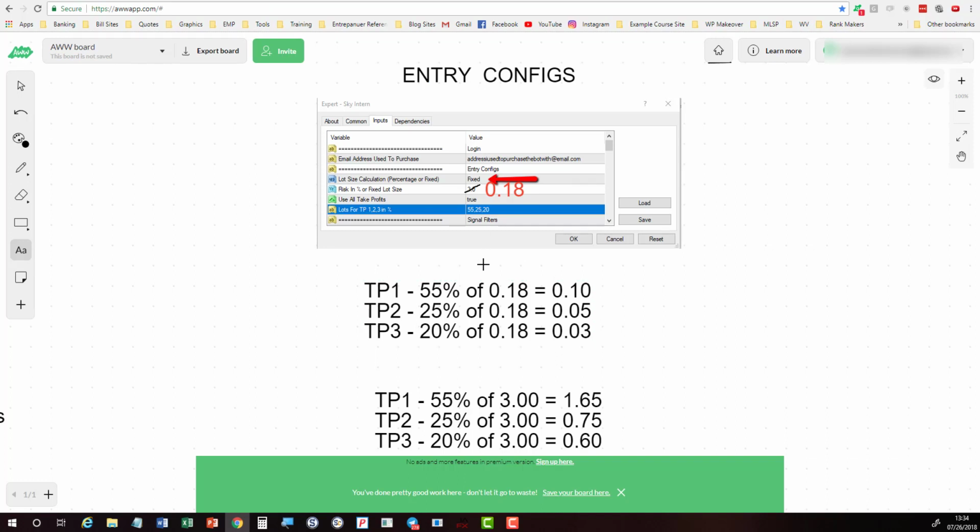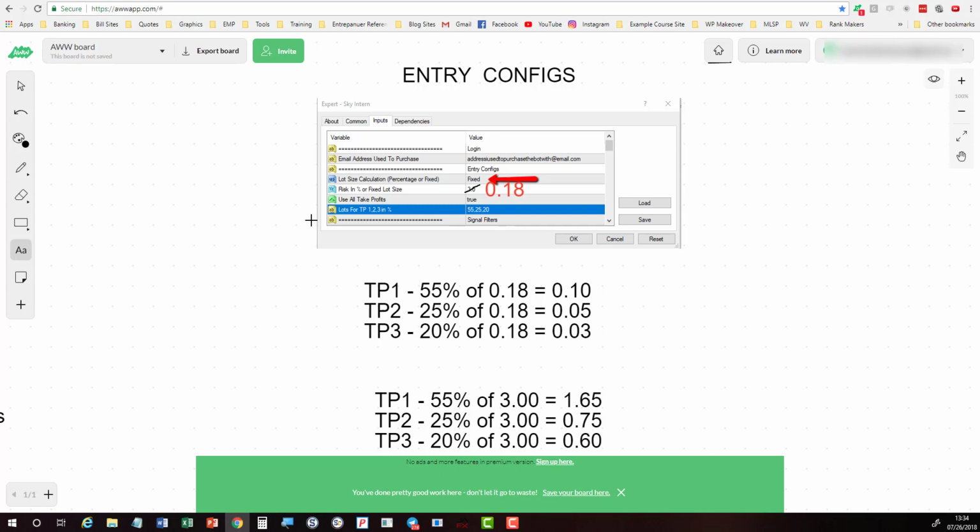Now, some people are like, I want to take the exact amount of lot size on every single order. Now, that's a little bit more difficult, and really can't do it because we really can't break these percentages down here equally in threes to get 100%.